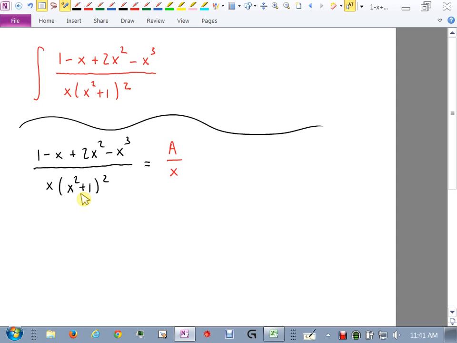So what I'll need to put here for it is a linear expression, Bx plus C over that irreducible quadratic, plus what? Dx plus E over the quadratic squared. A, B, C, D, E. We have 5 unknowns.